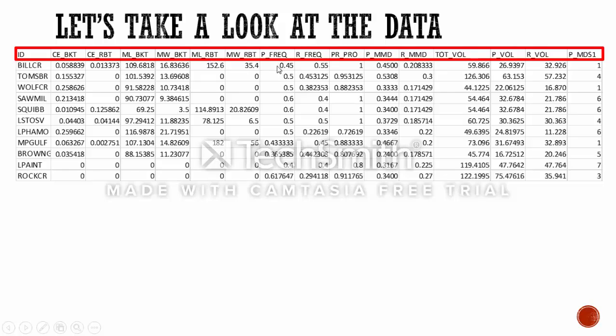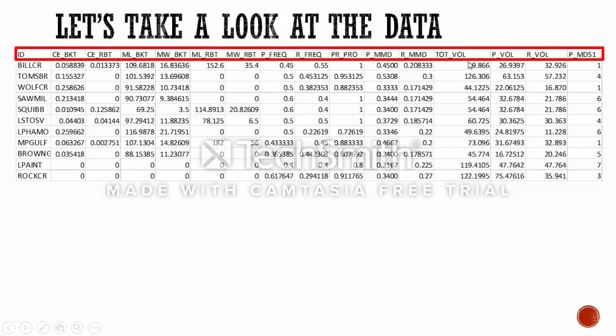We also have pool frequency, so how many pools there are throughout this 100-meter reach, riffle frequency, and then the sum of those two for the pool riffle proportion. So this gives us an idea of what the habitat actually is. And we have pool mean max depth, riffle mean max depth, as well as total volume.